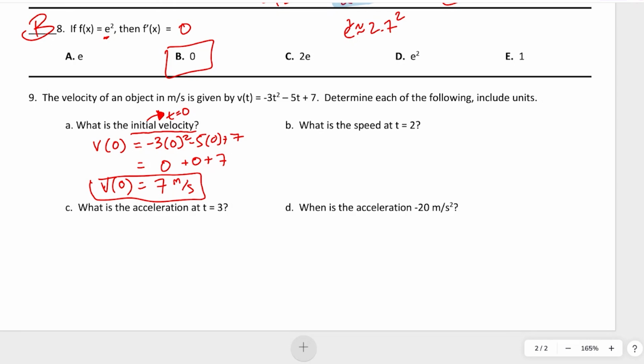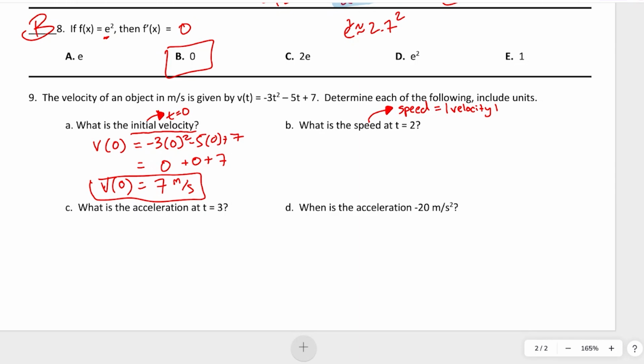B says, what is the speed at t equals 2? Now, I can't remember if I mentioned it specifically, but speed is the absolute value of velocity. So it's velocity without the direction. Speed is a scalar, while velocity is a vector.